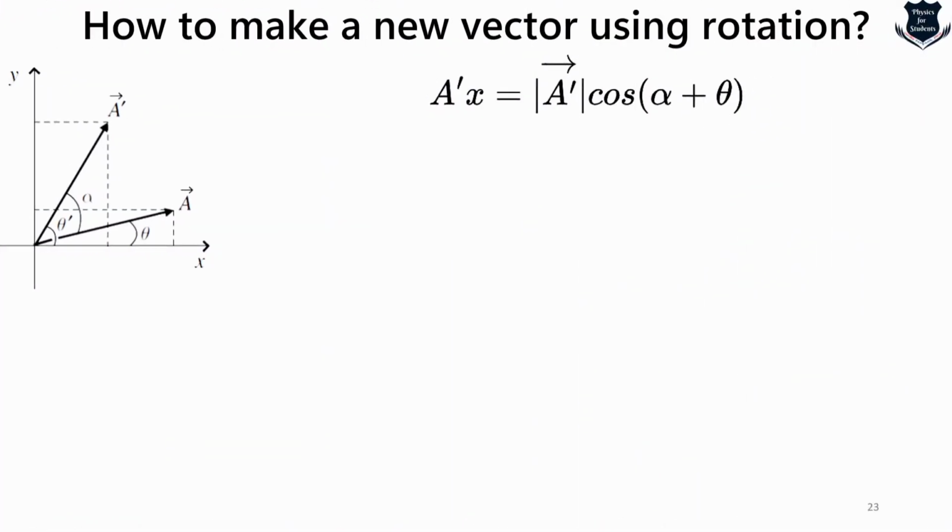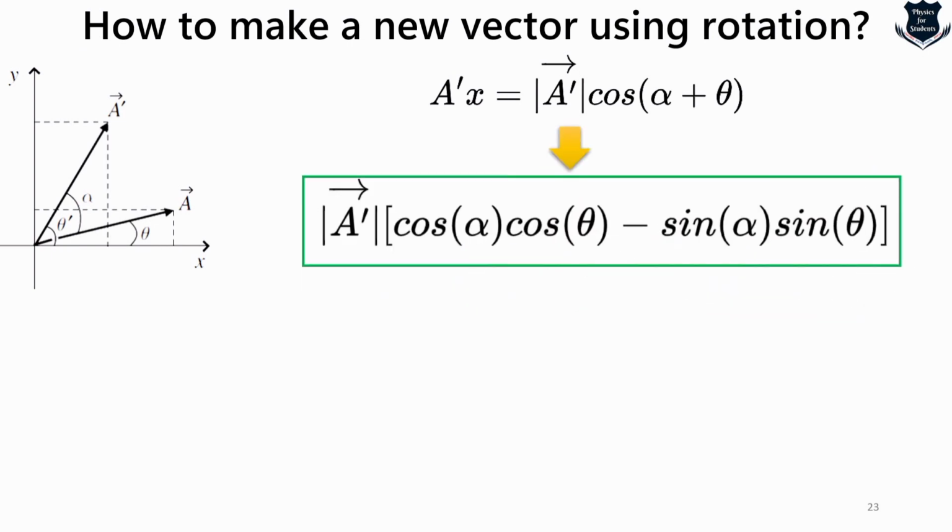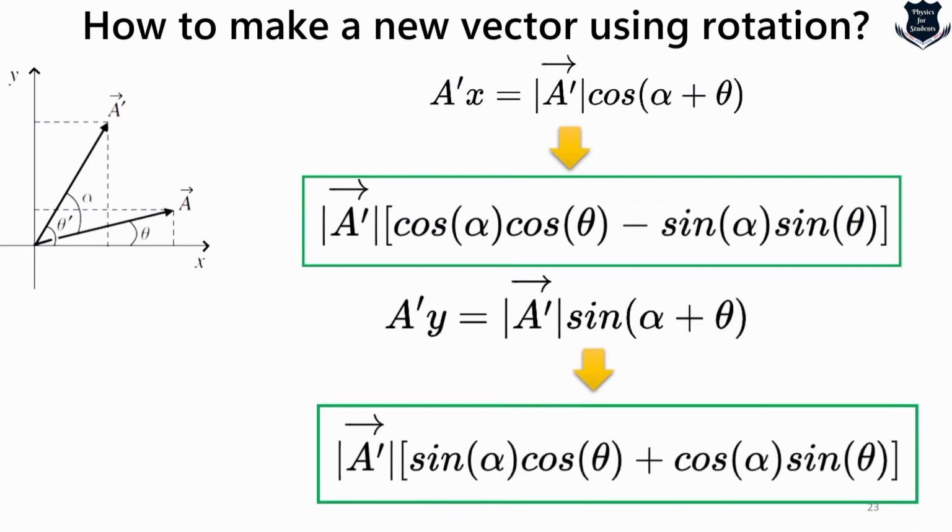Now if I take this one, it can be written as this. I just solve it and put in the values: cos alpha cos theta minus sin alpha sin theta. Similarly, a prime y can be written as sin alpha cos theta plus cos alpha sin theta. So this is clear.